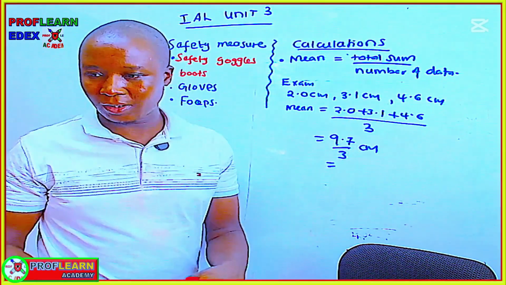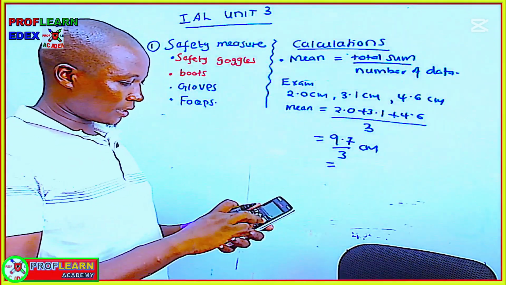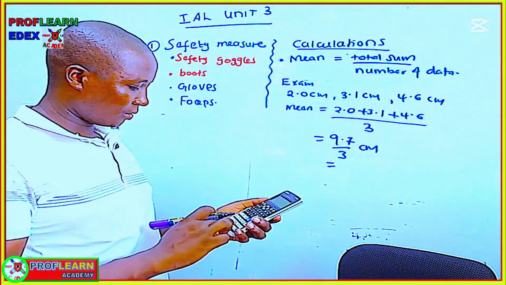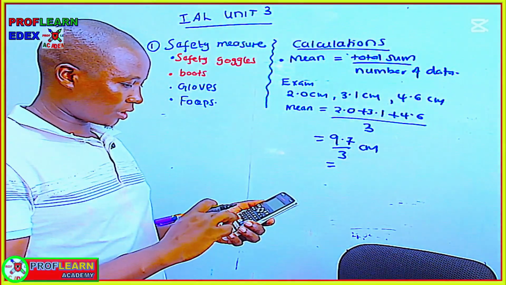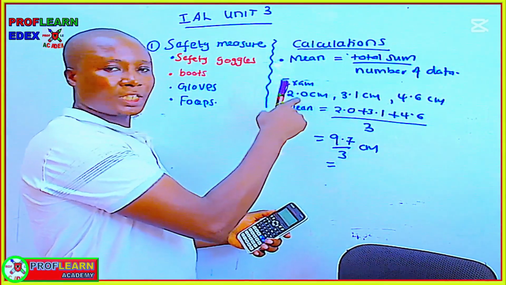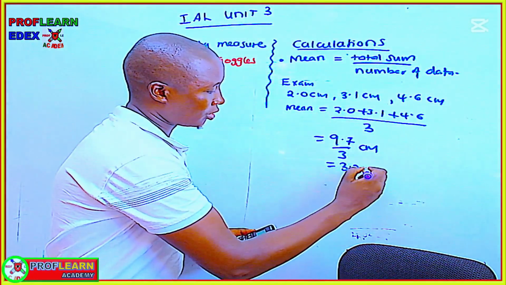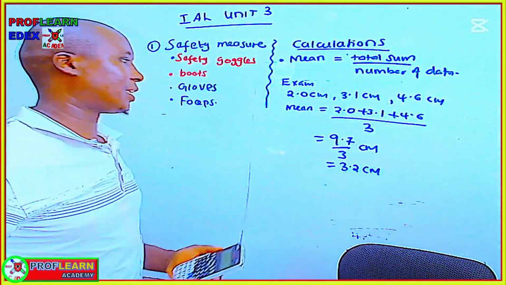So you can now put that in your calculator so that you can get the answer there. So that will be 9.7 divided by 3, that translates to 3.2. You must give your answer correct to the number of significant figures that you are provided here, and that will be 3.2 centimeters, like that.